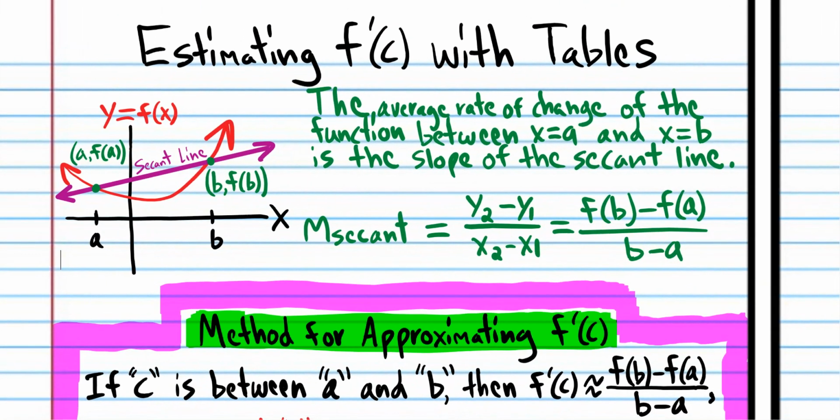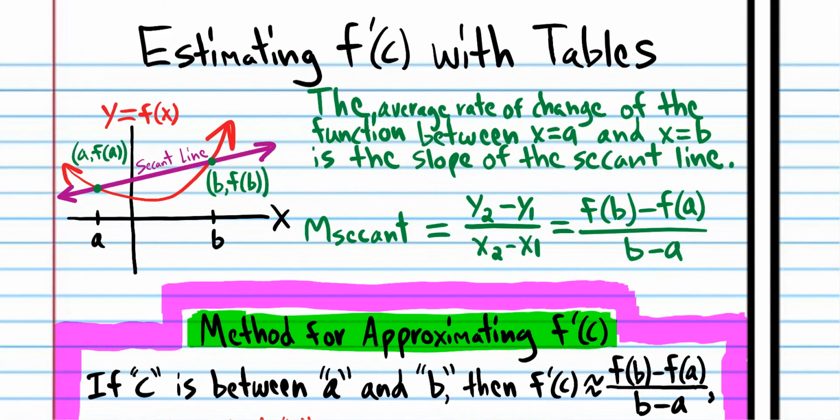Now, because we're going to be using the slope of the secant line to approximate the instantaneous rate of change of the function, we need to look at the formula for the slope of a line. If you have 2 points on the line, in this case these 2 green points, then we use this formula to find the slope of that line.